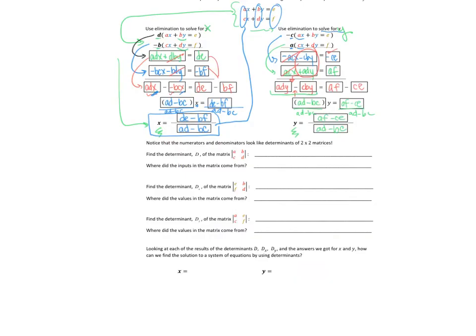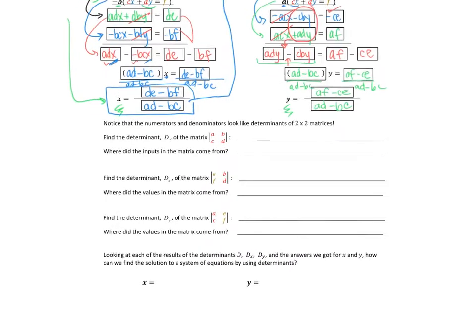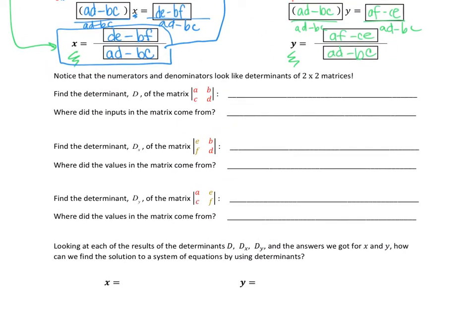Okay, so right now you're like, okay, fine, there's all these letters going on. Well, let's see how they're related to something we were already looking at, and that is determinants. See, the numerators and the denominators look a lot like things we were looking at when we found determinants of 2 by 2 matrices. If we want to find something they're going to call big D of this matrix, you're going to multiply, remember, ad minus bc.